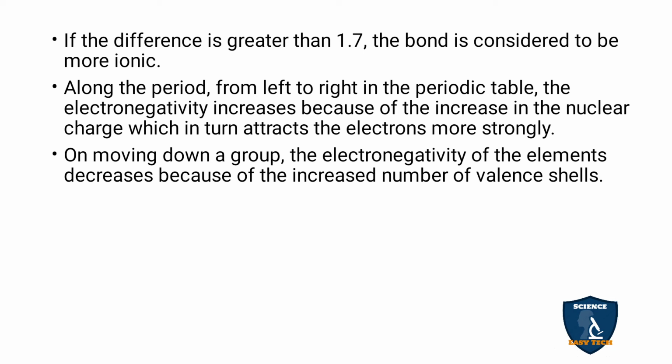Along the period, from left to right in the periodic table, the electronegativity increases because of the increase in the nuclear charge, which in turn attracts the electrons more strongly. You can see the number increases from left to right. Why does it increase?